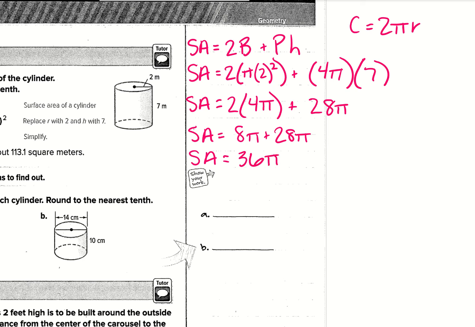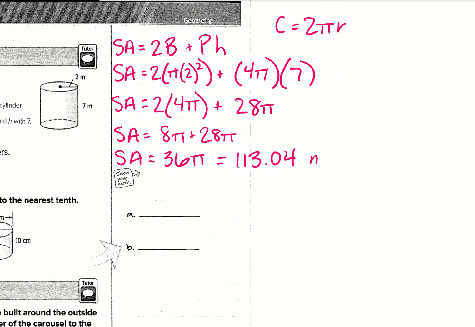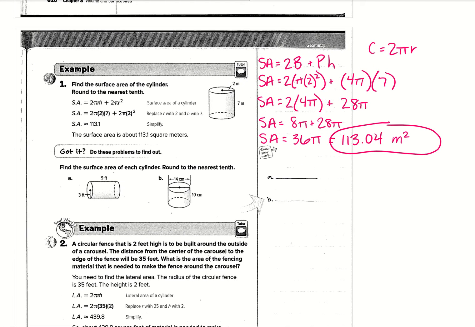Then you can plug that into your calculator. I'm going to do that real quick as well. So I have 36 times, I'm just going to use 3.14, and that's going to give me about 113.04. They got 113.1 using the pi button, but you can see those are very similar. And again, just as a reminder, whenever we find surface area, we're finding an area, so we want it to be meters squared. And that is it for that example.